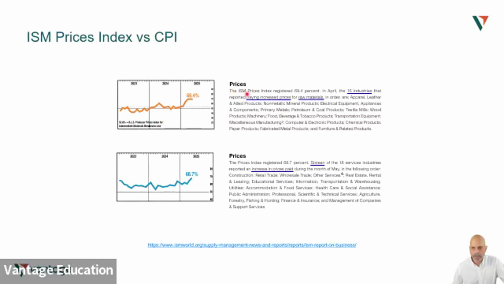We saw ISM prices register a reading of 69.4%, where 16 out of the 18 industries reported paying higher prices for raw materials. You can see here very clearly that prices for raw materials in the first quarter of this year have accelerated quite sharply.